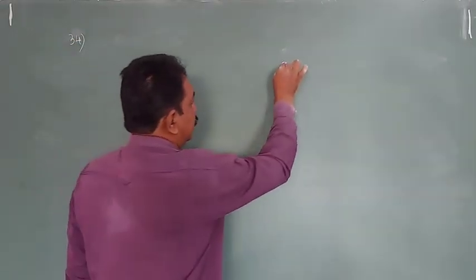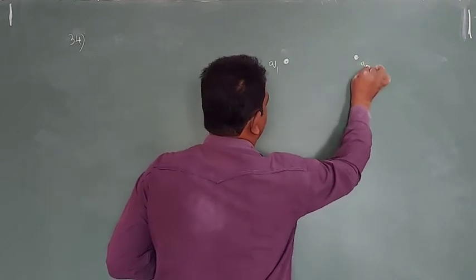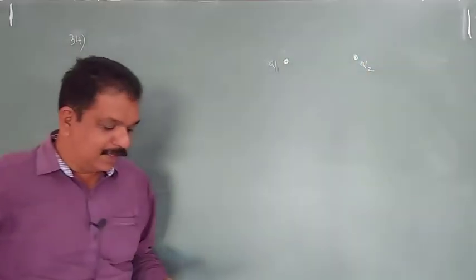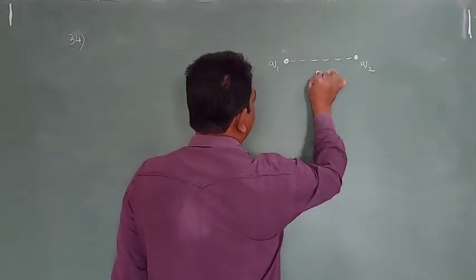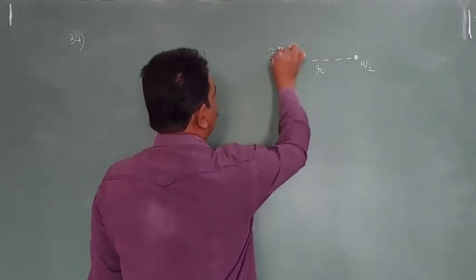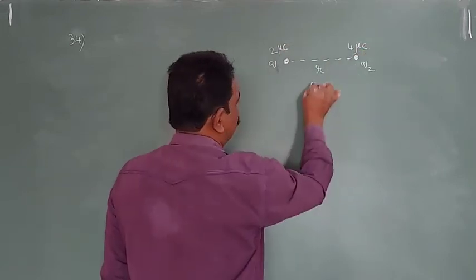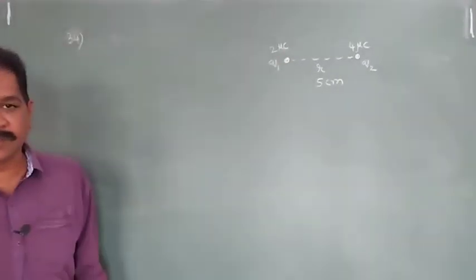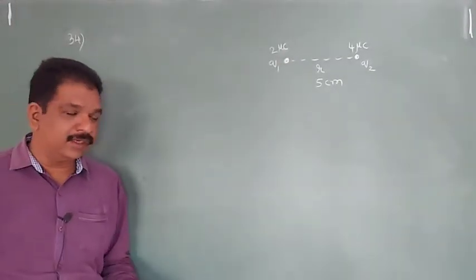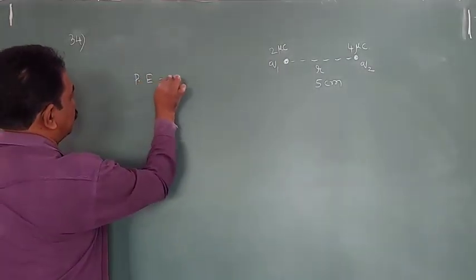Two charges are there. They are separated by some distance. I am assuming this is 2 microcoulomb, this is 4 microcoulomb. Let this distance be some 5 centimeter. Any value we can take, just for your understanding. What is the potential energy of the system?